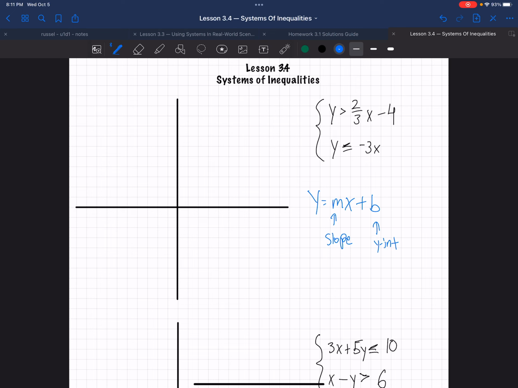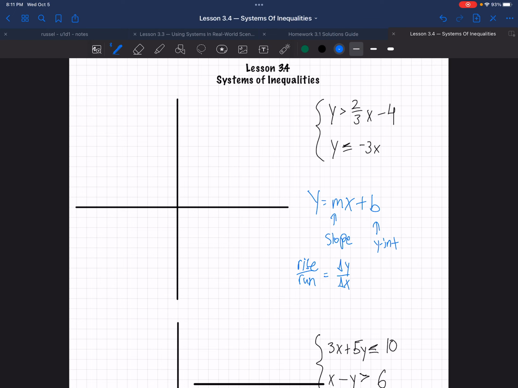Maybe it's been a while since you've seen it, because I know we intersperse geometry in between Algebra 1 and 2, but still, hopefully that's something you remember. Y-intercept, you should know that. Slope is rise over run, or more formally, change in y divided by change in x. So it's how much you're changing vertically divided by how much you're changing horizontally.